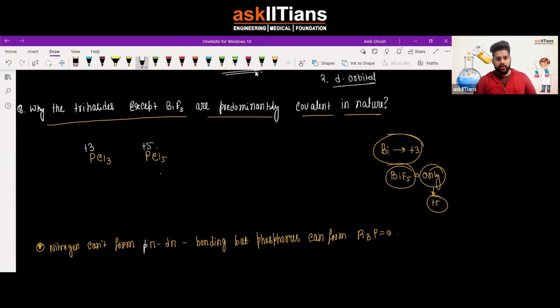Just a second. Why the trihalides except BiF3 are predominantly covalent in nature? There are multiple ways to answer this question actually. I'm trying to find out the easiest of them here.